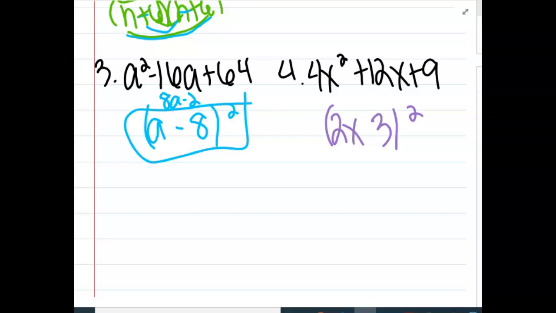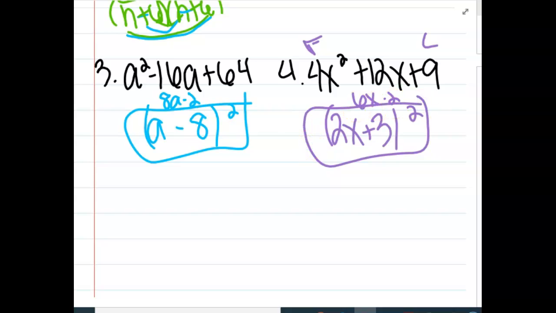Remember, the reason why we're doing this, if you multiply this out, the first terms were 2x times 2x. The last terms were 3 times 3. And then you have to check the middle terms, which would be 2x times 3, which is 6x, times 2 for the O and the I. Does it match? What sign goes in here? Plus.